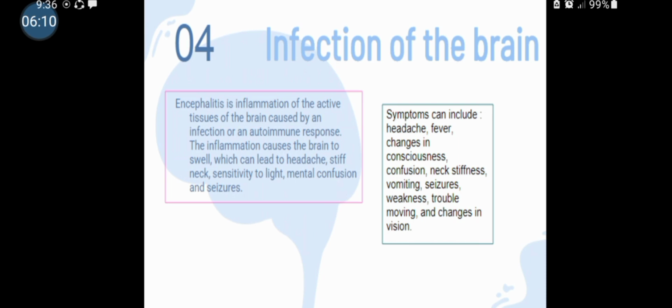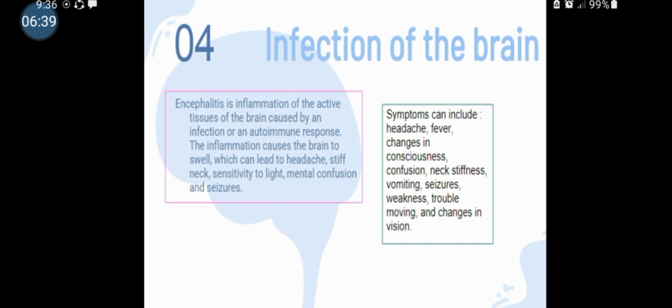So next, we have the infection of the brain. Encephalitis is inflammation of the active tissues of the brain caused by an infection or an autoimmune response. The inflammation causes the brain to swell, which can lead to headache, stiff neck, sensitivity to light, mental confusion, and seizures.